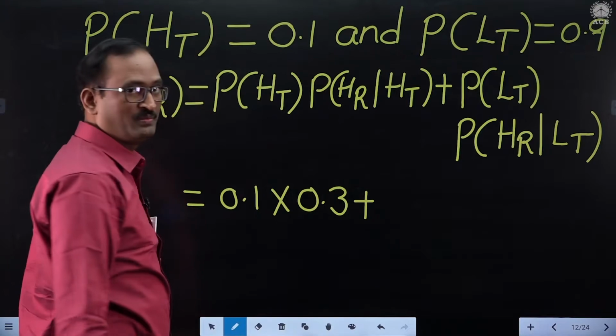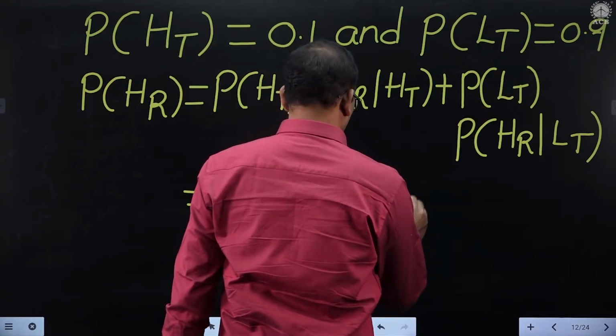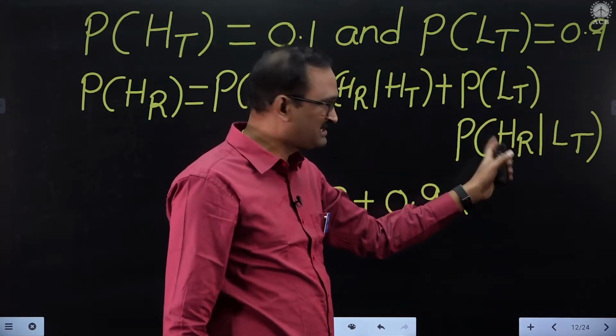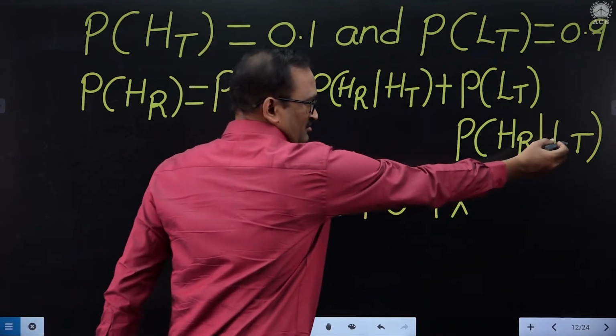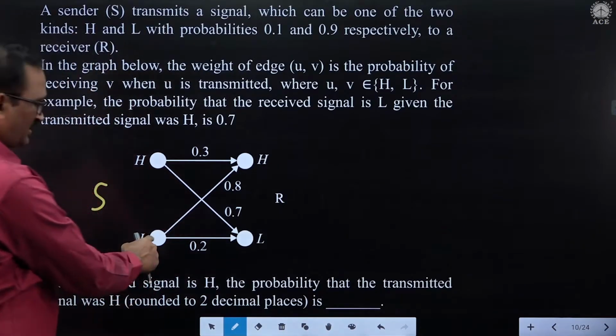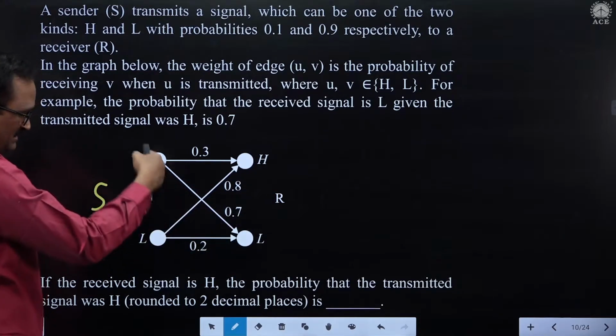Plus probability of signal L is transmitted, that is 0.9. After L transmission, it should be received as H. This side receiving, this side transmission.